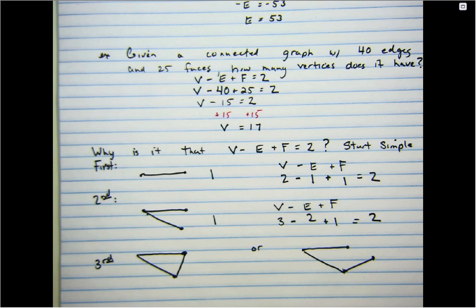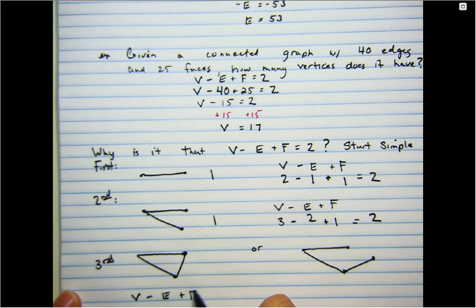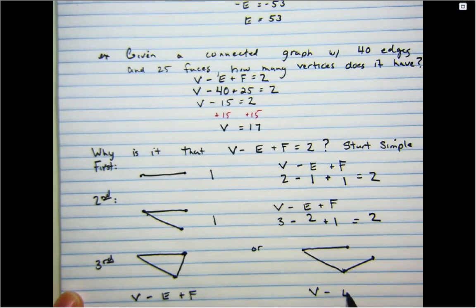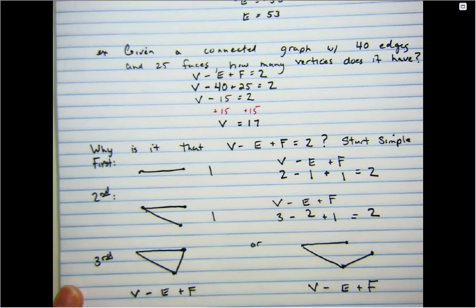So let's look at v minus e plus f on both of these. We'll keep doing this until we're able to see why the v minus e plus f always equals 2. We'll just add an edge with each step until someone can see why this is happening. Why is this constantly 2?